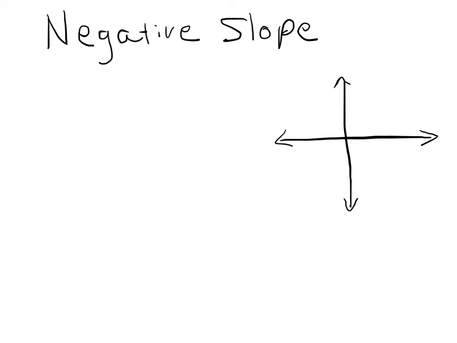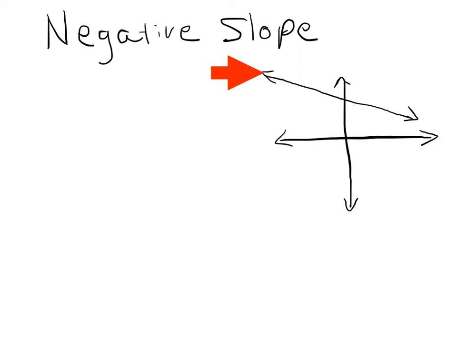It goes something like this, so this would be the line on the graph. Now I'm going to do the same thing. I'm going to put my pencil at the bottom of the line and then trace it up. Again, start at the bottom, trace it up. Is your pencil going to the right or to the left? And the answer is it's going to the left.